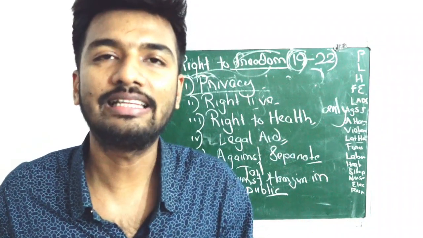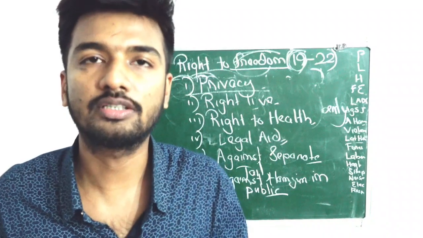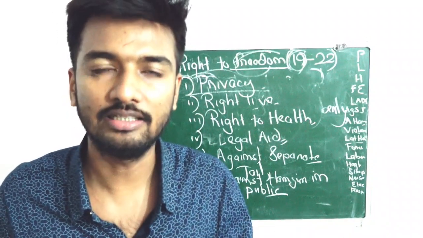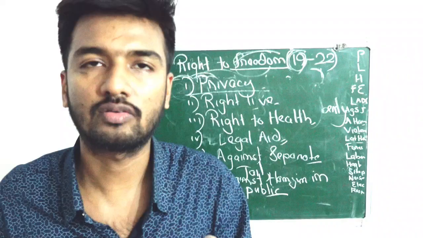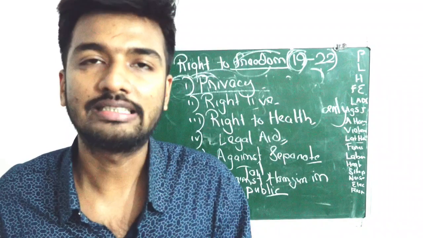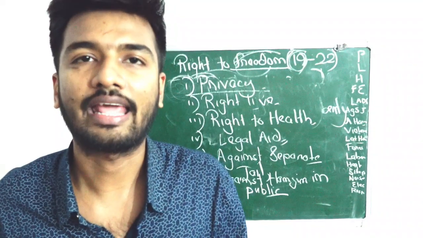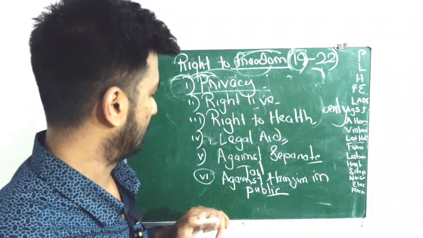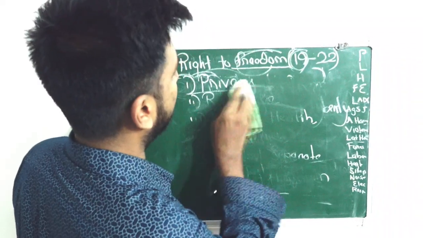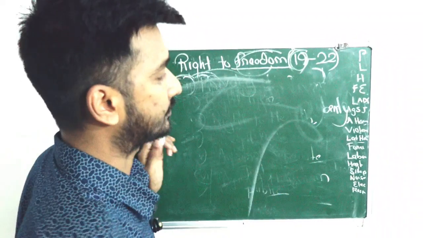But it is illegal in India. There are some countries in which it is legal, but according to the Indian constitution, it is against the fundamental rights. No one can be hanged in public. Now, sixth is over.